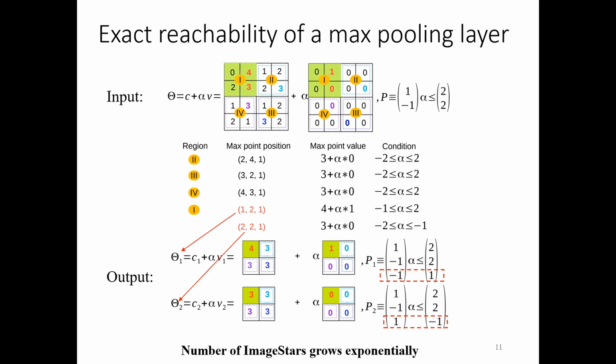You can see that a single image star is going to be split into two new image stars. And if other local regions also have more than one max point candidate, the number of image stars is going to grow exponentially.